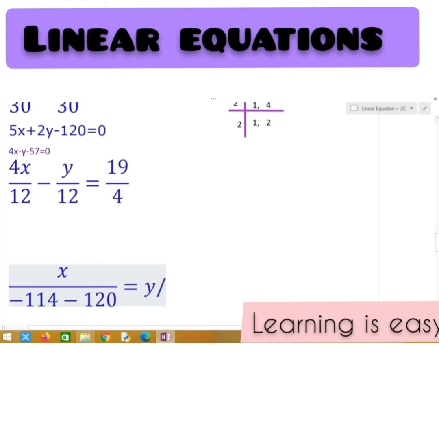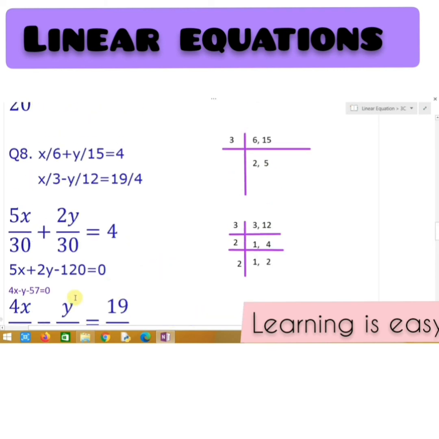Same way, y by 120 into 4 is minus 480. 57 into 5 is plus 285. Minus of minus, so it becomes plus 285.